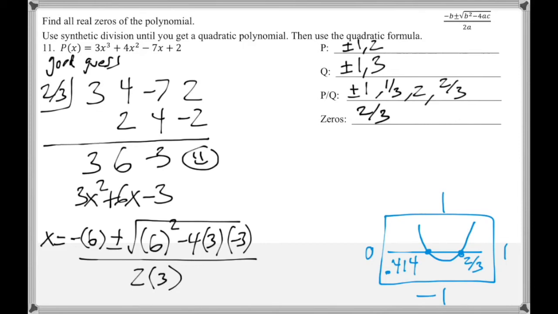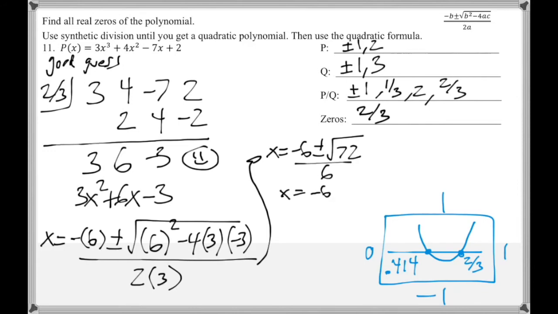So if I simplify this, it says x is equal to negative 6 plus or minus square root of 72 over 6. That'll be negative 6 plus or minus square root of 36 times square root of 2 over 6. So there's a lot of simplifying, over 6.